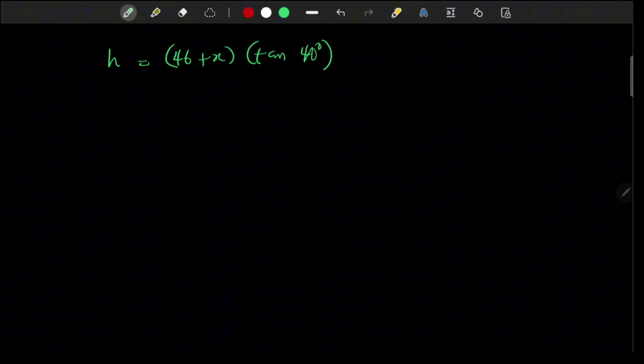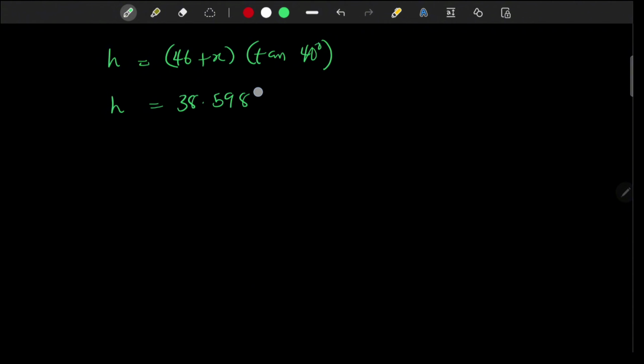Let's open the brackets. H will be 38.5986 plus 0.8391x. So 46 multiplies this to give you this, and x multiplies this to give you this, and this would be your equation 2.